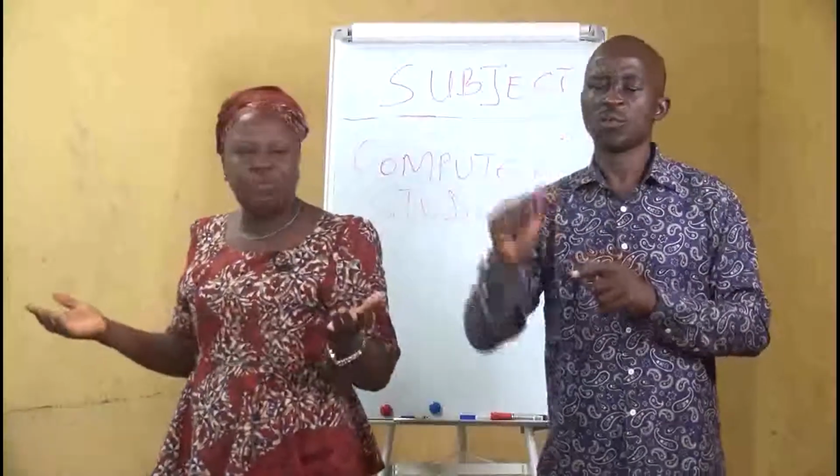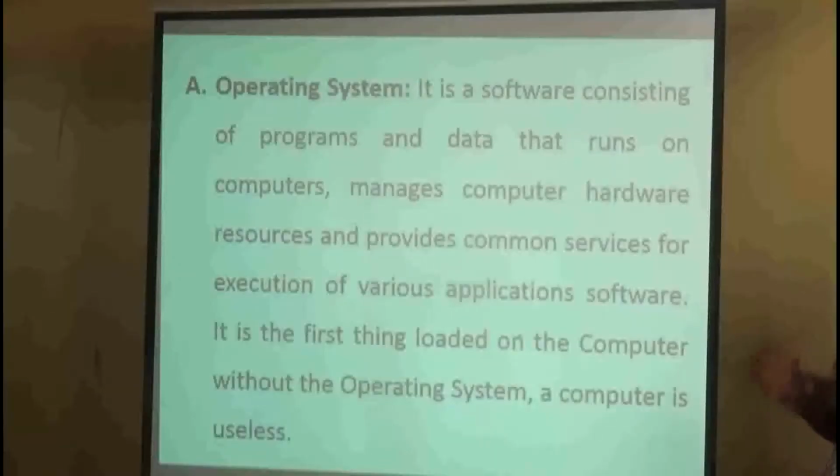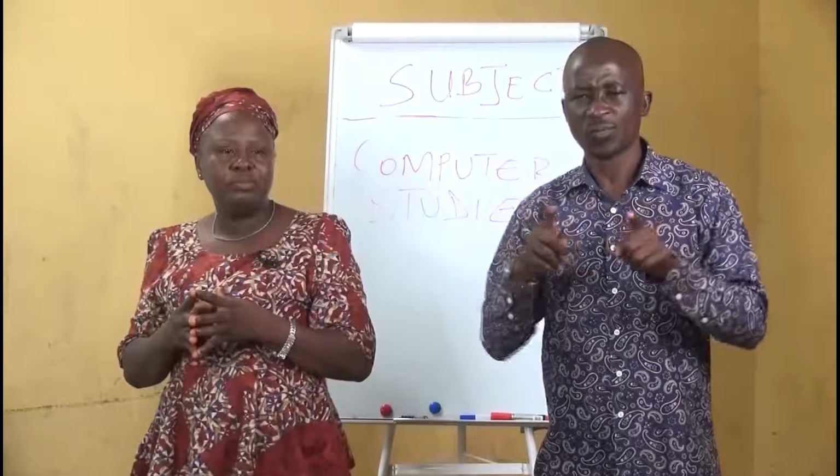What do we understand by operating system? Operating system is a software consisting of programs and data that runs on computers, manages the computer hardware resources, and provides common services for the execution of various application software.